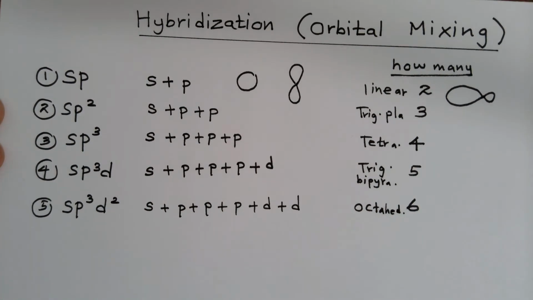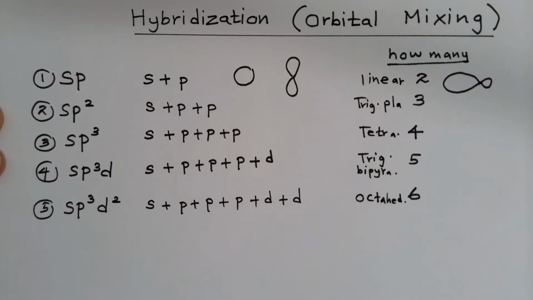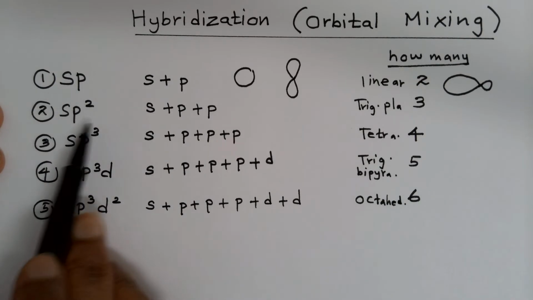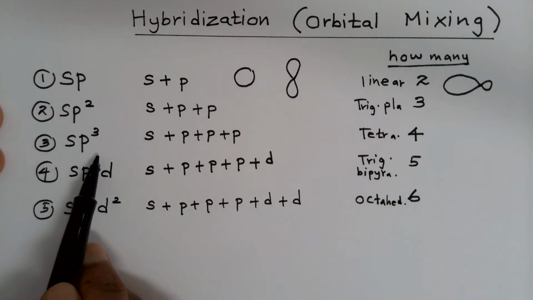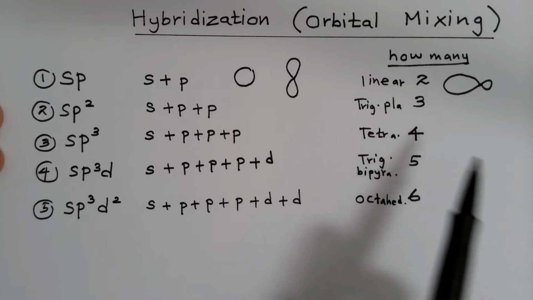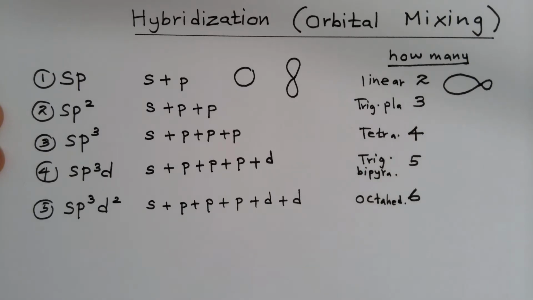Right. Now you have an introduction, the idea about hybridization or orbital mixing. Now let's move on to sp, sp2, sp3 hybridization, and how we can explain the shapes of the molecules: linear, trigonal planar and tetrahedral.